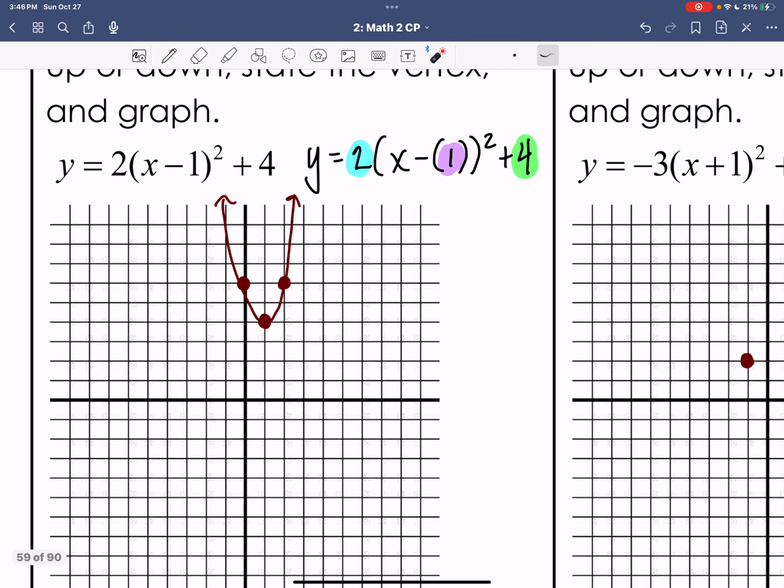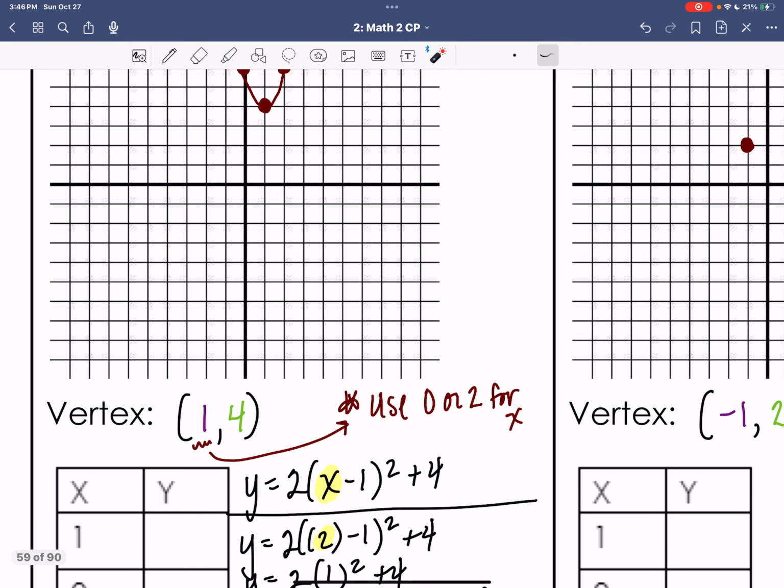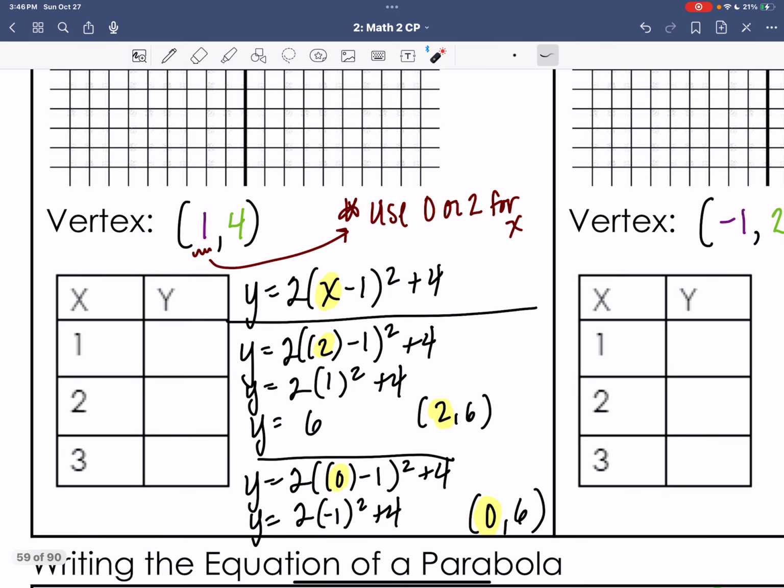So now what you're going to do is move left or right 1 unit, and then all I did was, if I'm starting at 1, you can plug in 0 or 2 for X to plug in your information and find it. So what I did is I plugged in 2 to wherever X was, and then when you simplify that, you get 2 minus 1, which is 1, square it, and then you'll get 2 times 1 plus 4, which is 6.